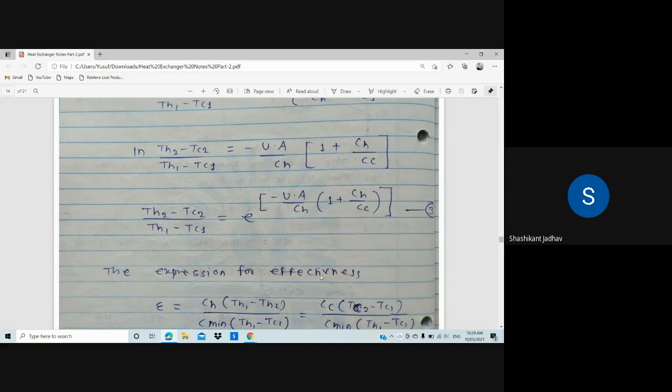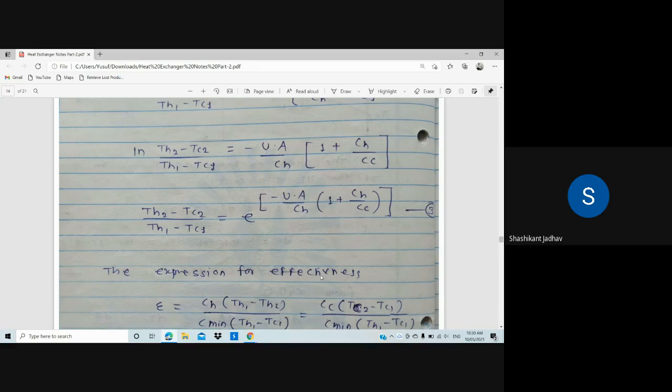So if we are taking the exponential from both sides, what will happen? Ln and exponential are opposite to each other, so therefore ln will be cancelled from the left hand side. So what is the equation? Th2 minus Tc2 divided by Th1 minus Tc1 is equal to exponential of the right hand side, so therefore e raised to minus U into A divided by Ch into bracket 1 plus Ch upon Cc, and this is the equation number 3.